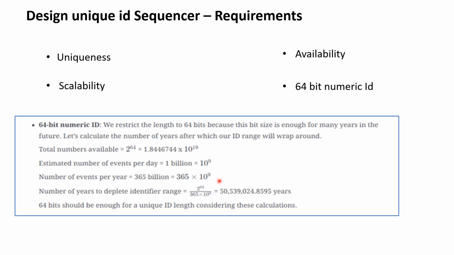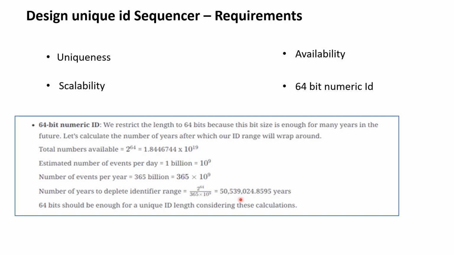So now we have these many events happening per year if we have 1 billion events per day. So if our system is generating 64-bit numeric IDs, divide this number, then you find that our system will be able to cater to this many years.